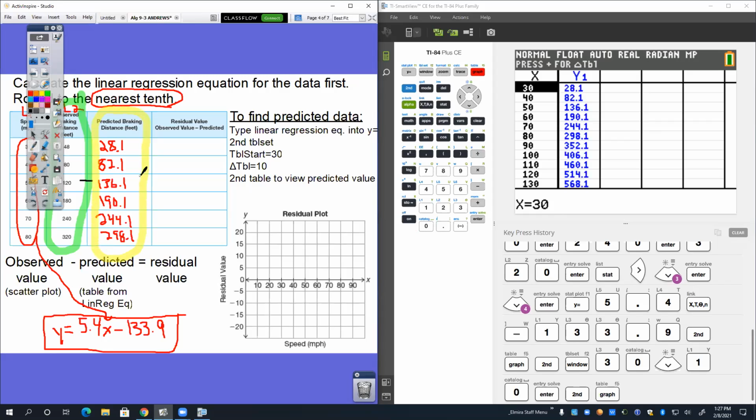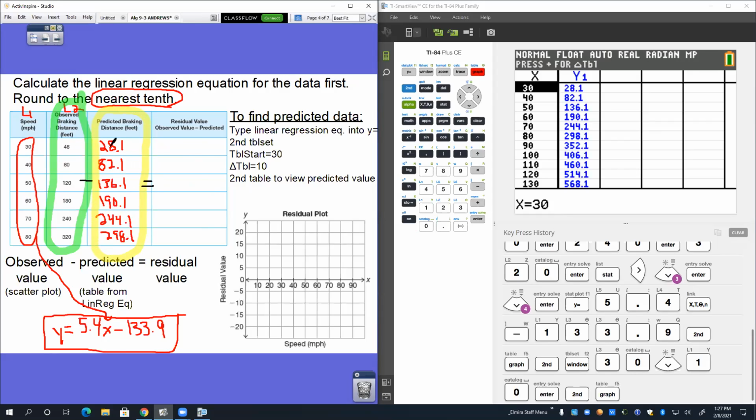And it's going to equal your residual values. So you're taking this column in the green, subtracting the column in the red to get you your residual values. So this minus this, all right?